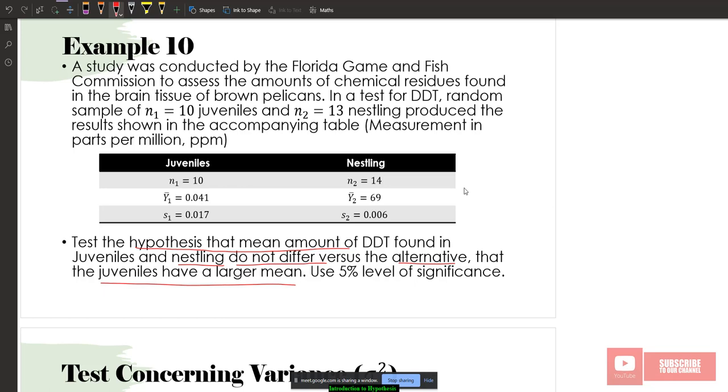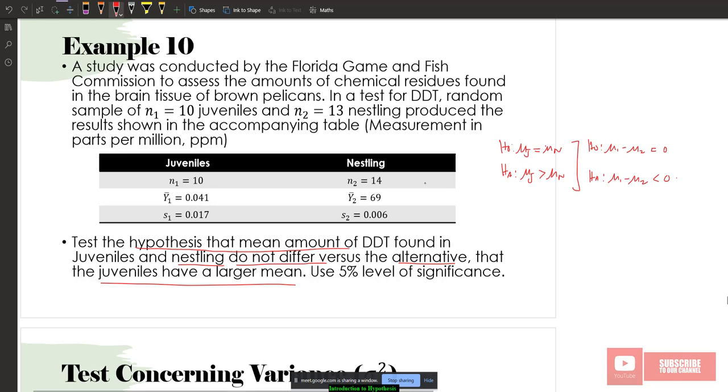So let's say null hypothesis mu j equal to mu n, j for juvenile and n for nestling. So alternative hypothesis mu j is more than mu n, right? Ataupun kita boleh letak satu lagi macam ni, lagi senang I suka letak mu1 and mu2. Let's say this is 1 and this is 2. Mu1 minus mu2 equal to 0, dan HA mu1 minus mu2 less than 0, right?